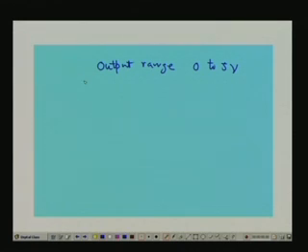Let us look at the circuit. The circuit looks like this. Let me take a blank page again.